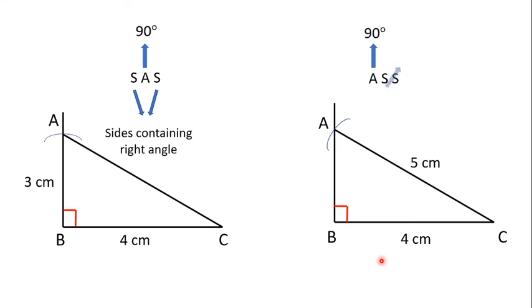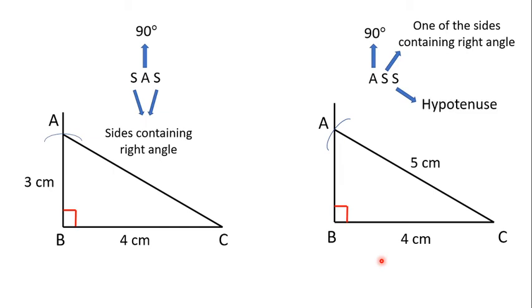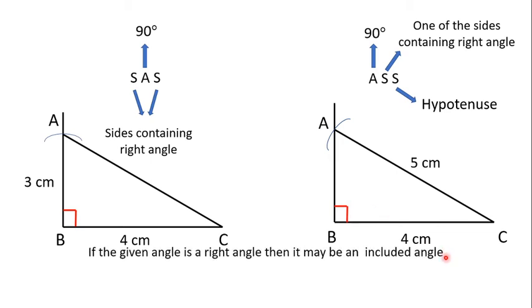Here the angle is 90 degrees and this side is one of the sides containing the right angle and the another side is the hypotenuse. So if two sides and not an included angle is given and if the angle is a right angle, then even in such a case also we are going to get a unique triangle. So this is what we are trying to understand now.